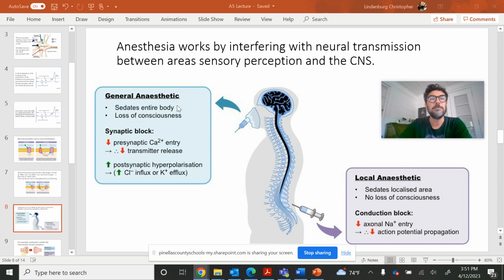You may lose consciousness, or you may go into a twilight state where you're maybe awake but not fully aware. And no matter what, both types of anesthesia work by interfering with neural transmission, right? Those neurotransmitters are perhaps going to be blocked in some way. And so then what happens is your sensory perception changes.